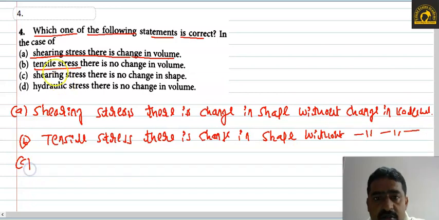Then C, shearing stress. You already have the definition of shearing stress, which I wrote here.